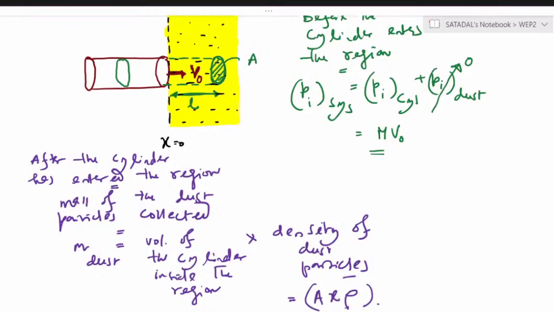The volume of the cylinder inside the region is A into X, and rho is the density. So A X into rho. Is it clear up to this much? Please respond.